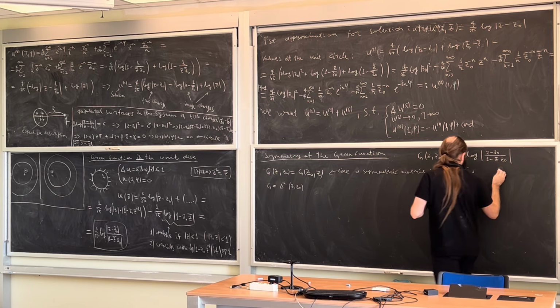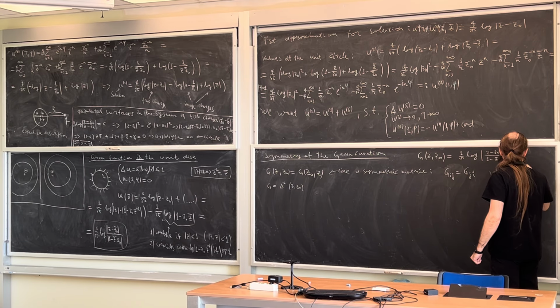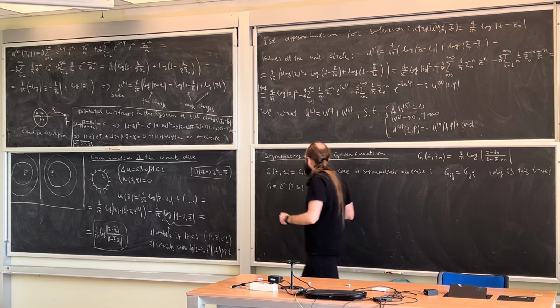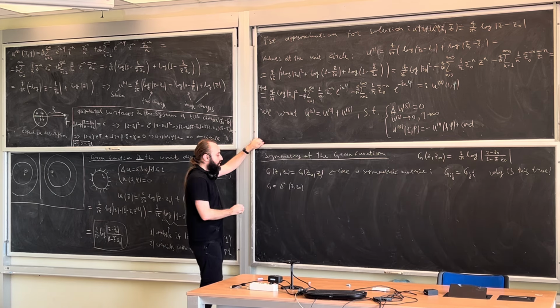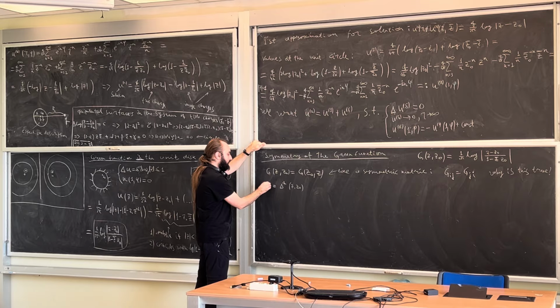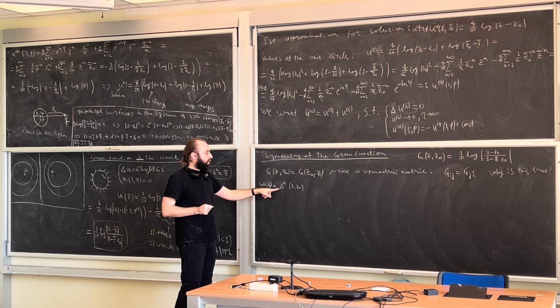Well, the question is, why is it true? So our Green function is the inverse operator to the Laplace operator. And to prove that it is symmetric, we need to prove that the Laplace operator is in some sense symmetric.